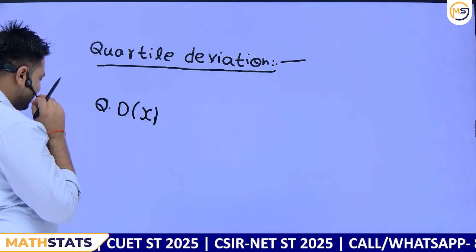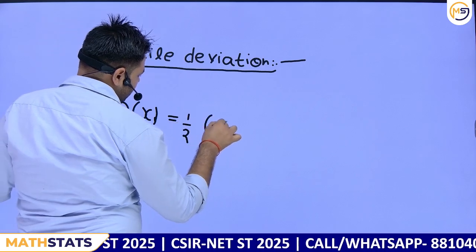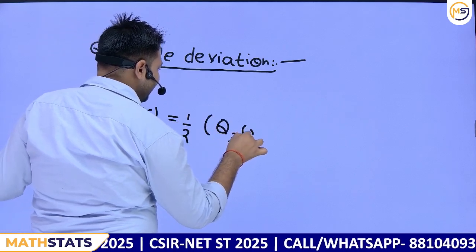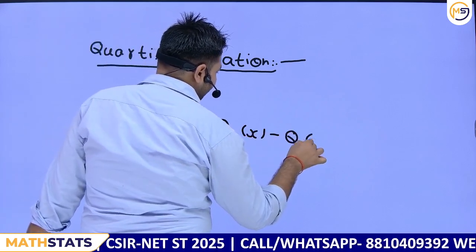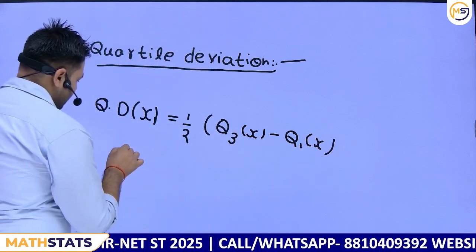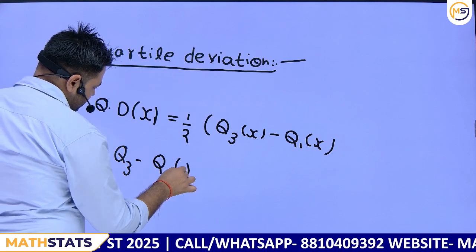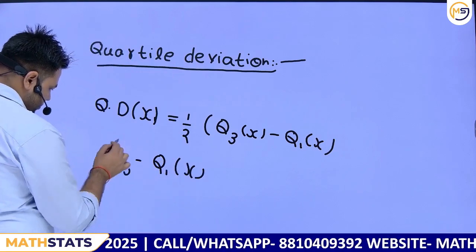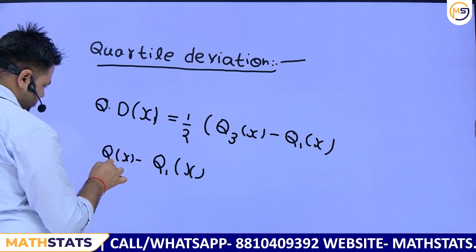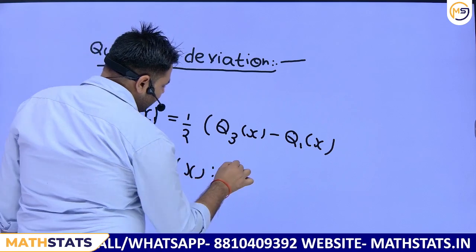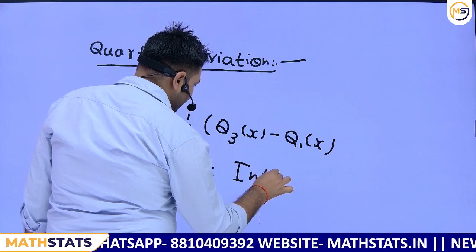So quartile deviation of x equals half of Q3 of x minus Q1 of x, and this Q3 minus Q1 is known as IQR, meaning interquartile range.